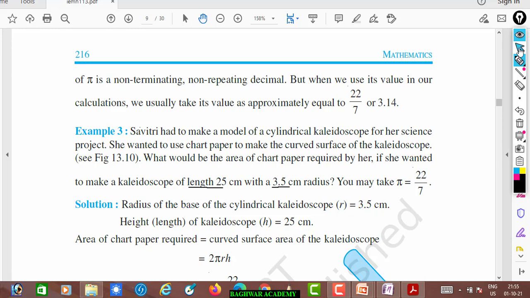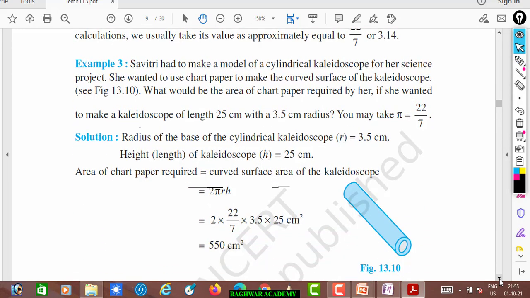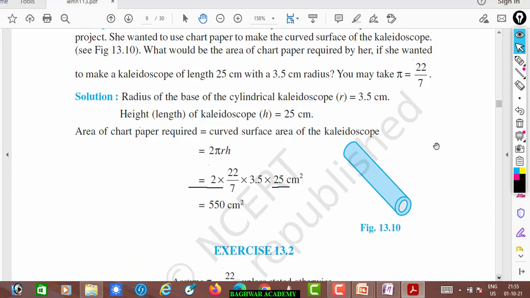So how will we find it? Just you see. Suppose this is your chart paper in rectangular shape, and with this chart paper the kaleidoscope is required to be made. So it will be in this form.